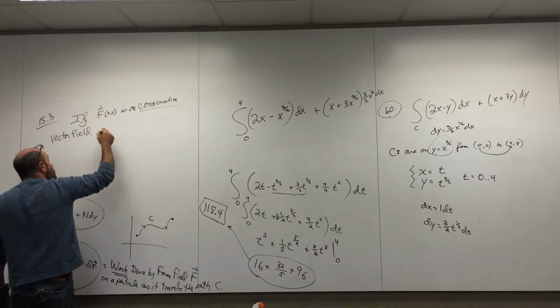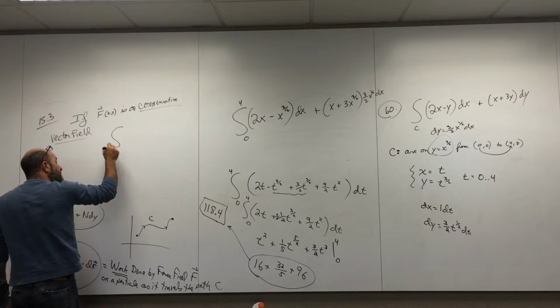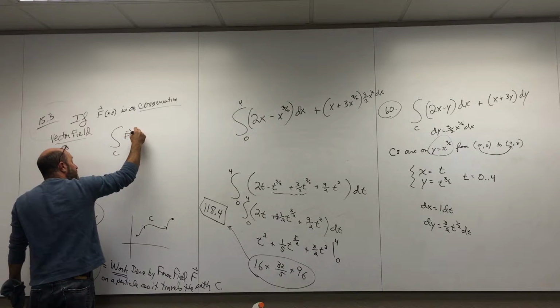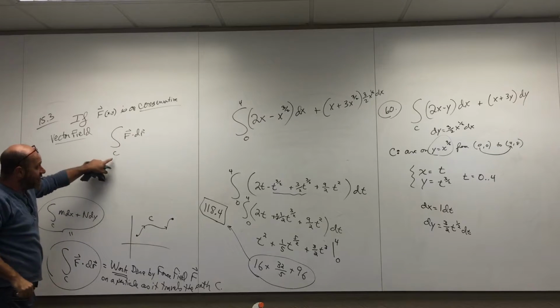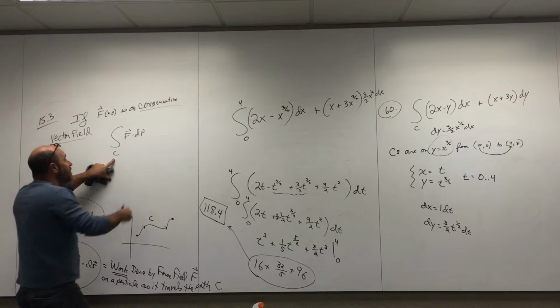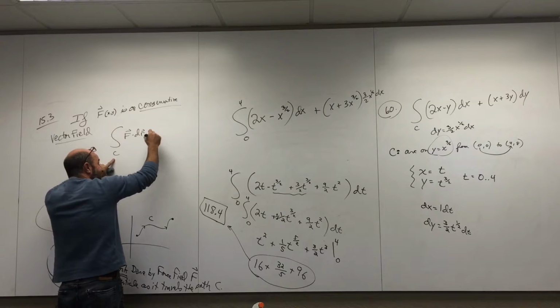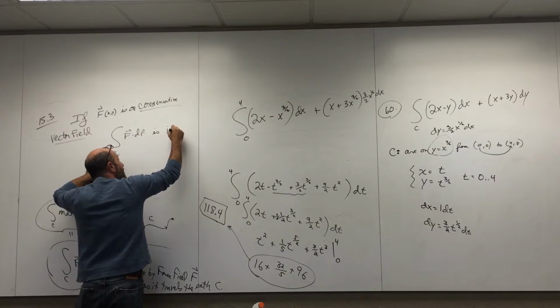If it's a conservative vector field, then this integral that we're working on, the work done by the vector field as it travels this path through the vector field, is, watch this, independent of path.